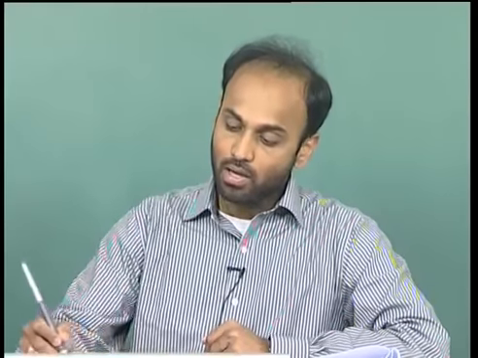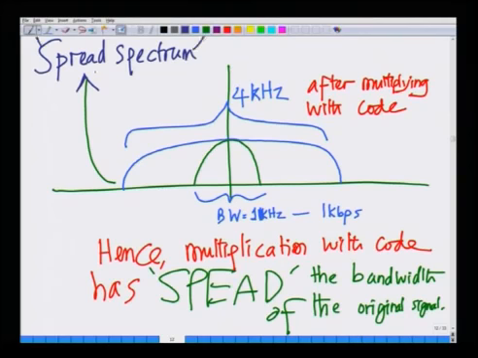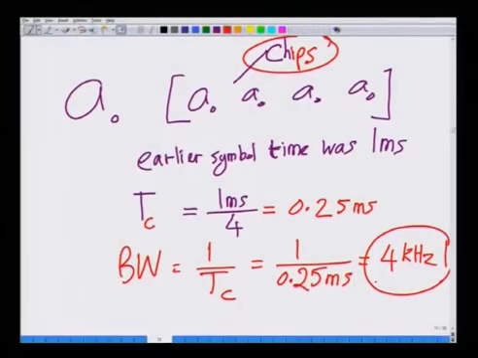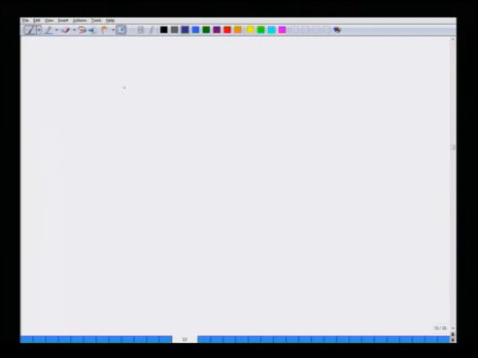That is why CDMA is also known as a spread spectrum technology. And this code, which results in spreading the bandwidth, is also known as code C0, C1, which spread the bandwidth.